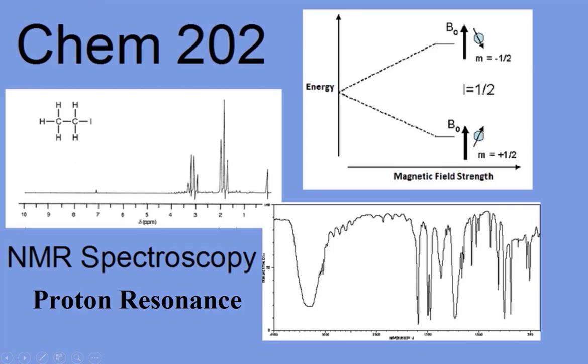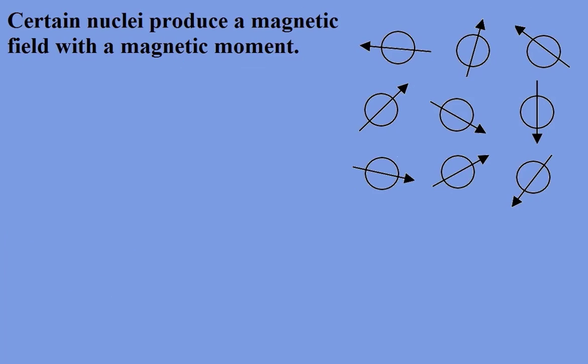Hello, so let's take a look at some NMR spectroscopy and start with the basics on proton resonance. So we have certain isotopes like hydrogen and carbon-13 which create their own magnetic field around the nucleus because we have either an odd number of protons or an odd mass number.